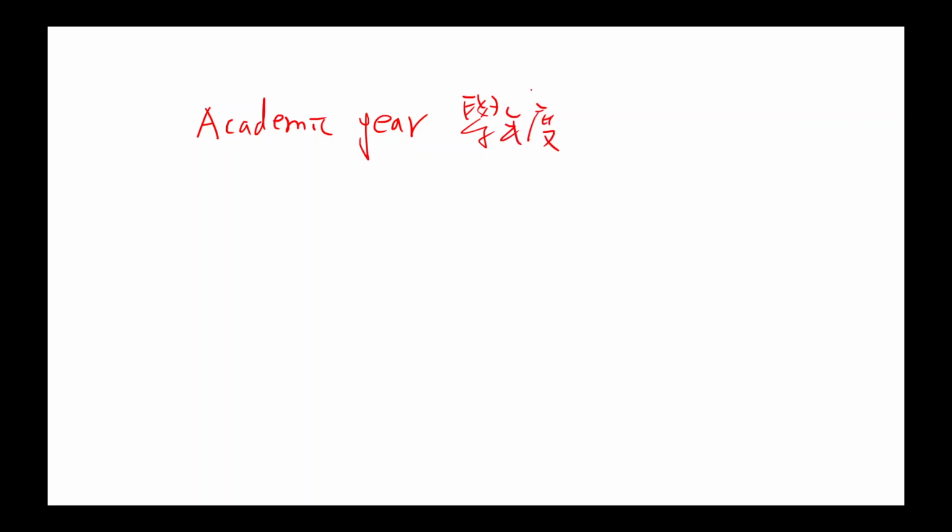What's yours? 113. So you got into the school this year, this year is 113. So when we talk about academic year 113, we start from 113 August 1st to next year. Okay? So that's a school's year.